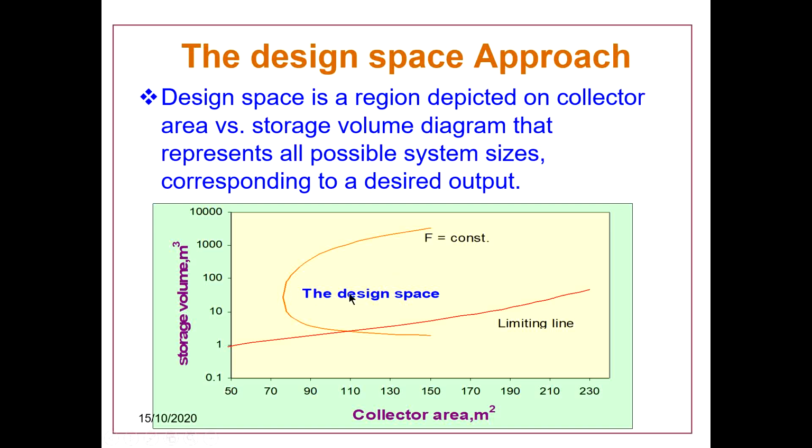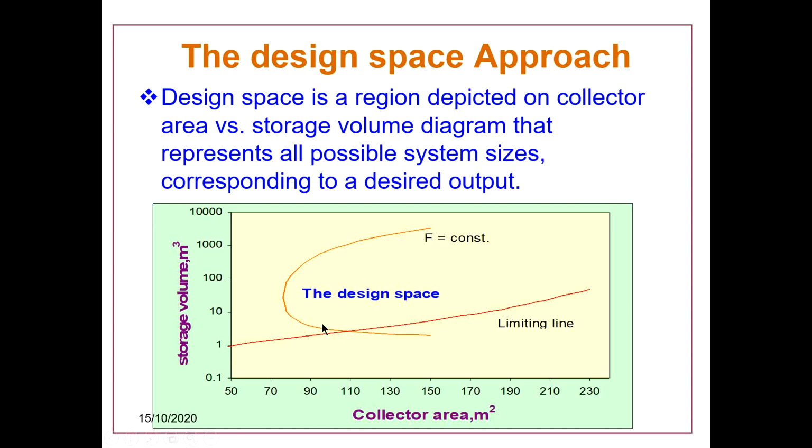So this is called the design space approach. Now design space is a region depicted on the collector area versus storage volume diagram that represents all possible system sizes corresponding to desired output. So all the possible system sizes which give the desired output.